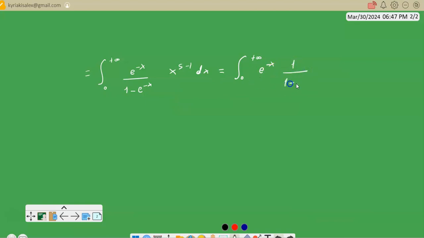We write it in this way. This bit here can be represented by an infinite geometric series.